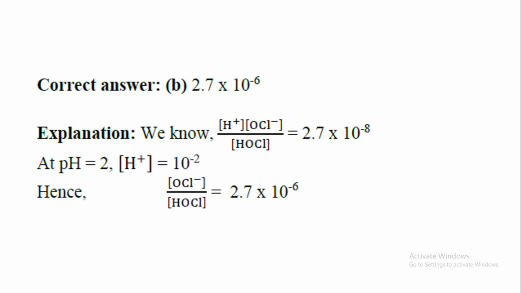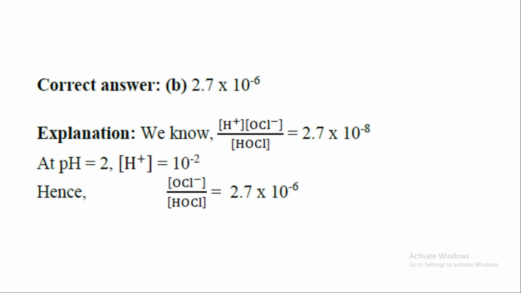So I'll explain. K is basically the dissociation constant. HOCl is dissociating into H plus and OCl minus, so your reaction is HOCl goes to H plus and OCl minus.